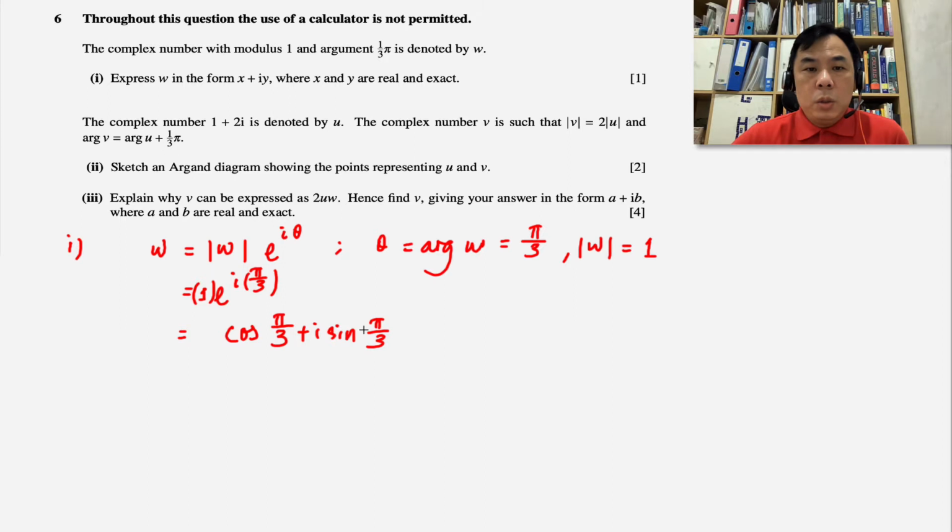Then all you need to do is key into your calculator and get the respective numerical value. This is typically a half, and pressing your calculator, this one is root 3 over 2. And there you have it. We managed to express this complex number w in its rectangular form, where x and y are real and exact in this case.